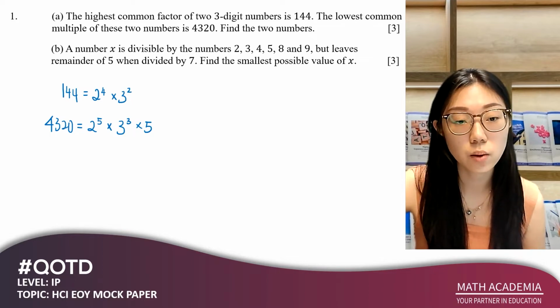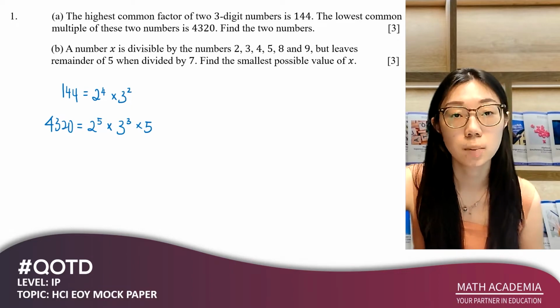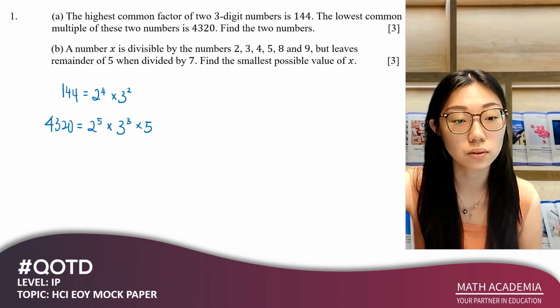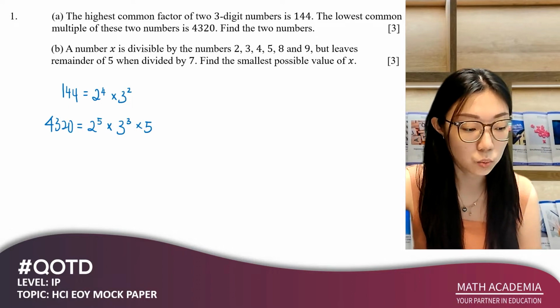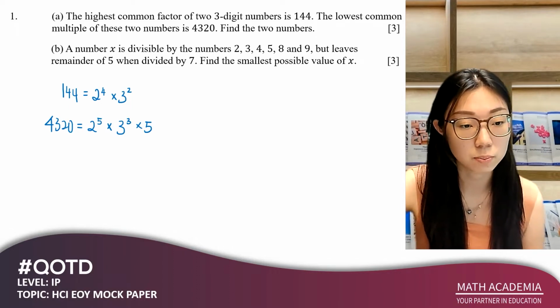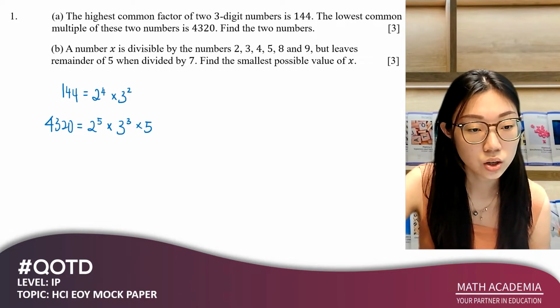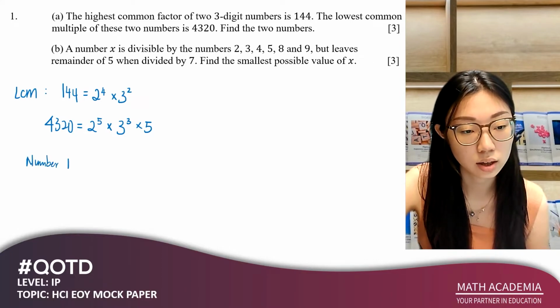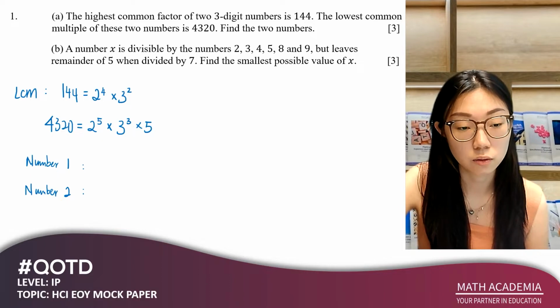Okay, so next we want to take note of what consists of highest common factor and what consists of lowest common multiple. Let's work with lowest common multiple first. Alright, so to have a lowest common multiple, I need to ensure that both my number 1 and number 2 consist of both 2 to the power of 4 and 3 to the power of 2.